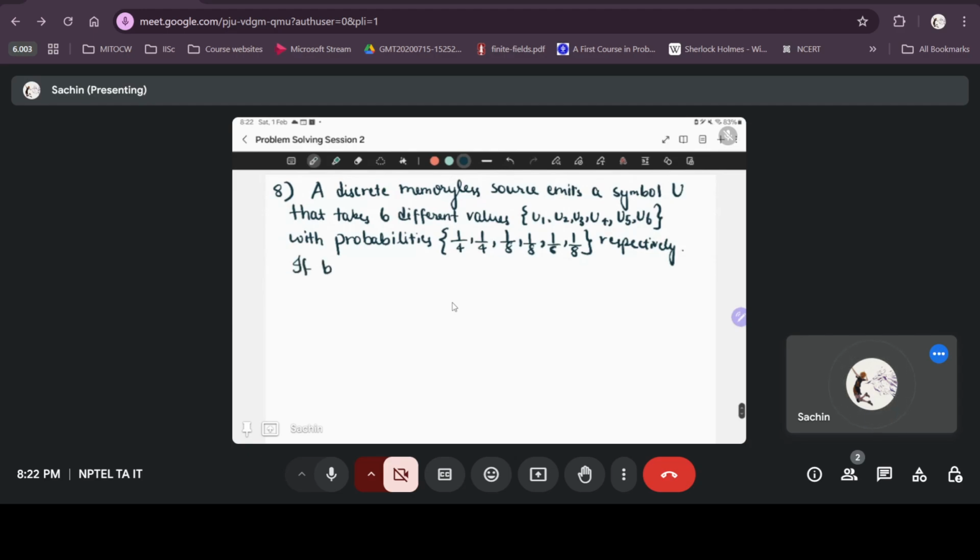If binary Huffman code is used for encoding the symbol, what are the possible code word lengths?